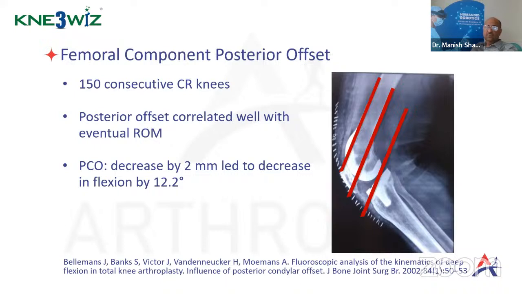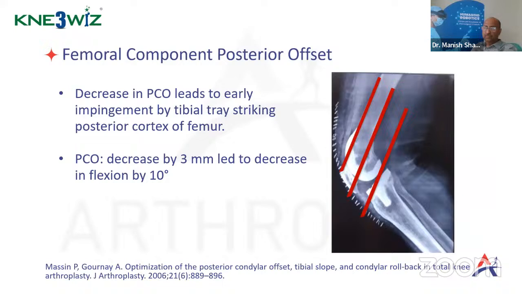In 150 consecutive CR knees, posterior offset correlated well with eventual range of motion. Decrease in that offset ratio leads to early impingement by the tibial insert striking the posterior cortex of the femur.